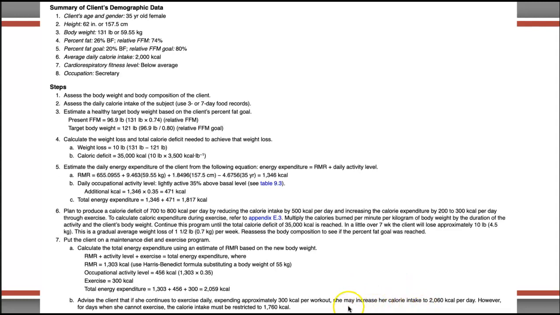And then she may increase her, oh my goodness, 2,060 calories compared to 2,000 calories. Yeah, that's going to be tough. For days she cannot exercise, she needs to restrict her calories to 1,760. So that's kind of where the whole thing goes.